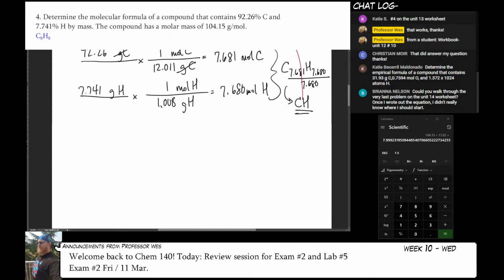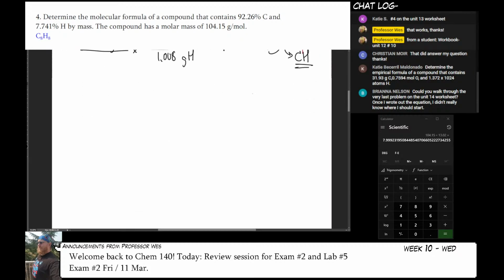Let's show you another method, which might actually be faster, but it does require a little more intuition here. So, again, we have 92.26% carbon and 7.741% hydrogen. What we're going to do is apply these percentages to our molar mass. So for carbon, I'm going to take 92.26% of that number.